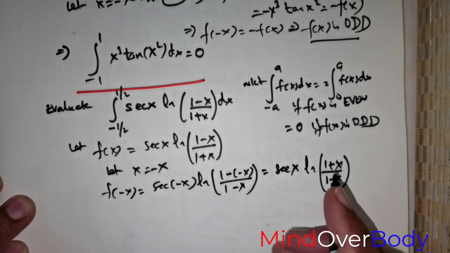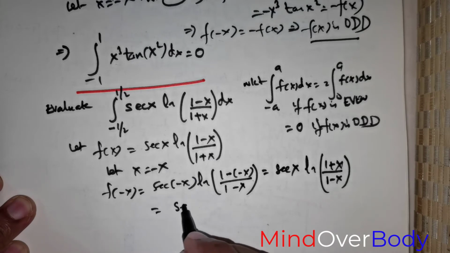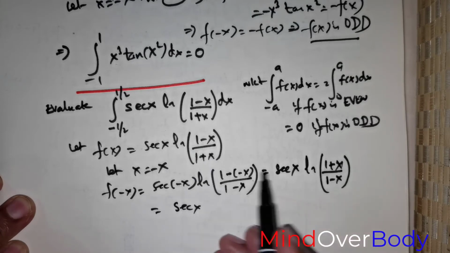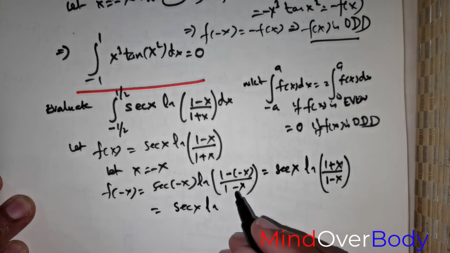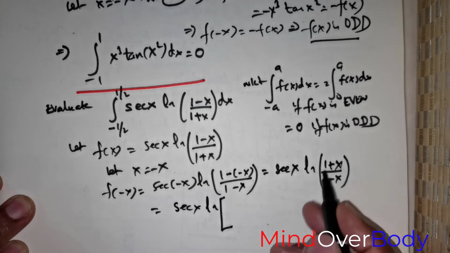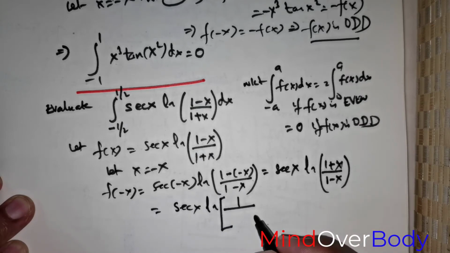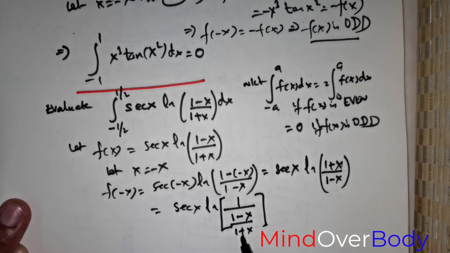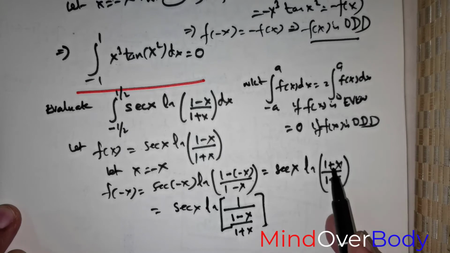Now I can rewrite this as secant x. Can I write this as ln of 1 over (1 - x)/(1 + x)? Is it okay for me to write it like this? Because if I were to flip this, it is going to be ln of (1 + x)/(1 - x), right?